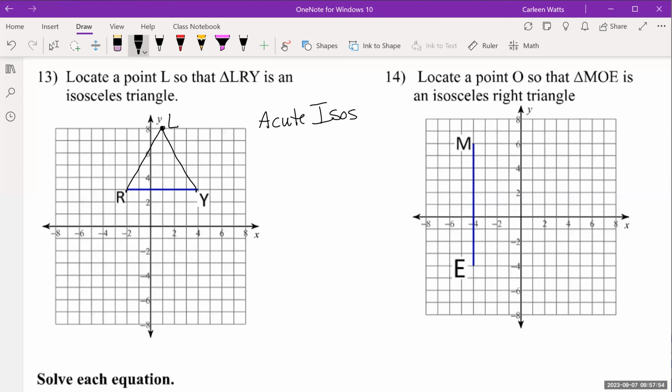Or I could go this way, 1, 2, here's that middle line. What if I go all the way down here? Here's another option. That one is definitely horrible. I have a hard time. When I draw lines, I really need a straight edge, which I can't do writing on this thing. Okay, so those are acute isosceles. What if I wanted obtuse?